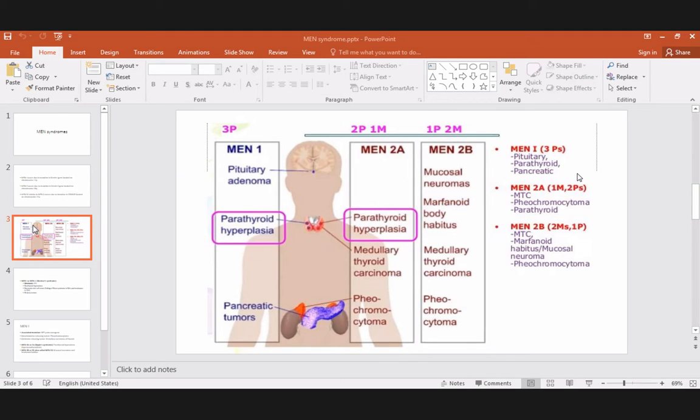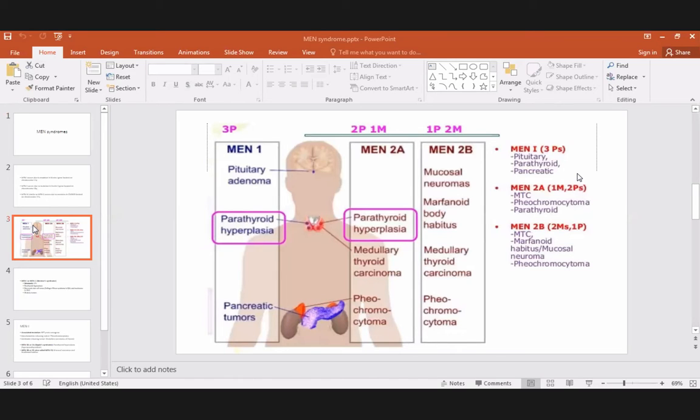Has anyone heard it before, pheochromocytoma? What is pheochromocytoma? Level 12, you don't know what is pheochromocytoma? Anyone? It's a suprarenal gland tumor.